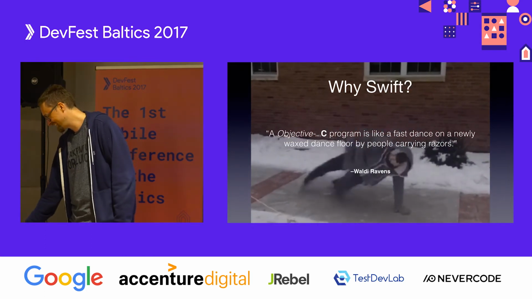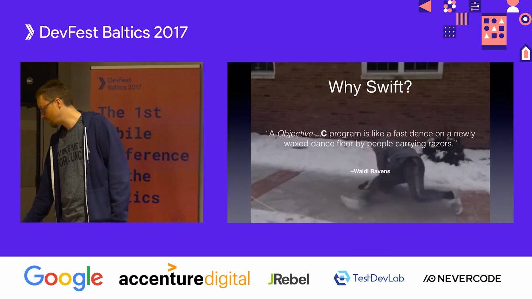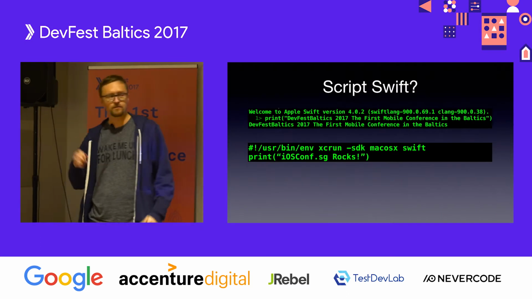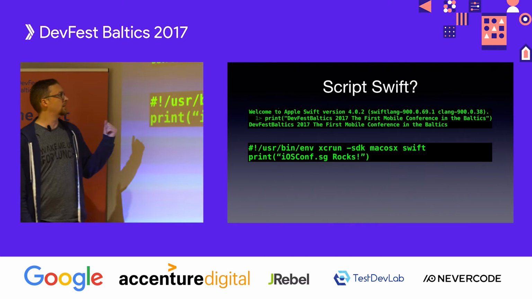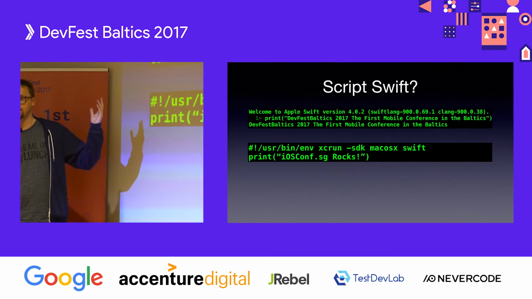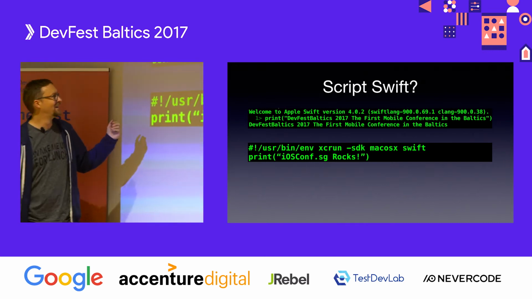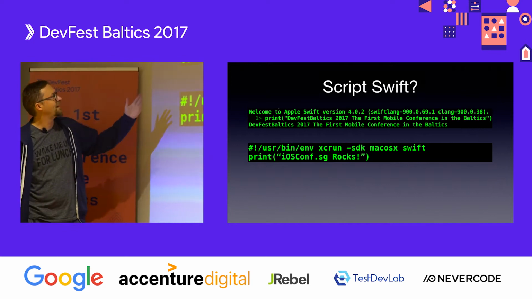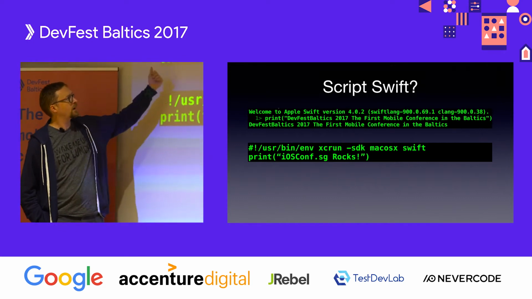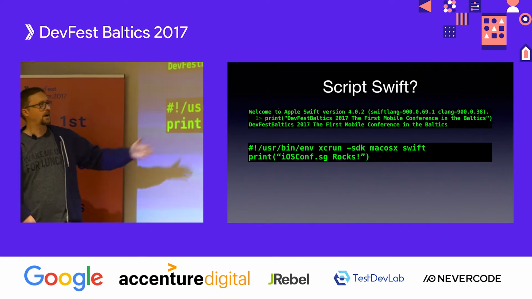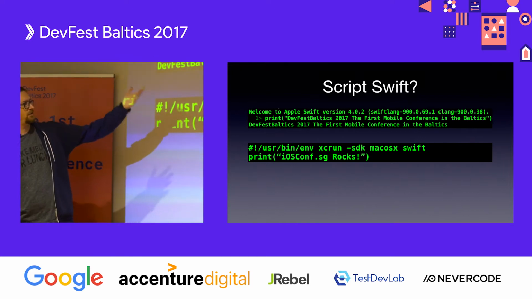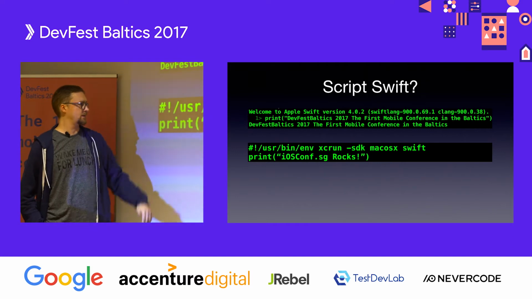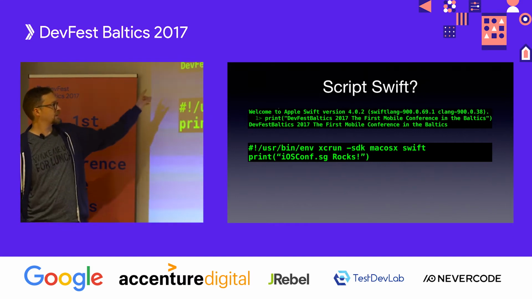So we have Swift. If we have Swift already installed on our machine, we can use it like a script language, like Python. One way is just to type swift, and we have a REPL, and we can print DevFest Baltics is the first mobile conference in the Baltics, and it prints the output.